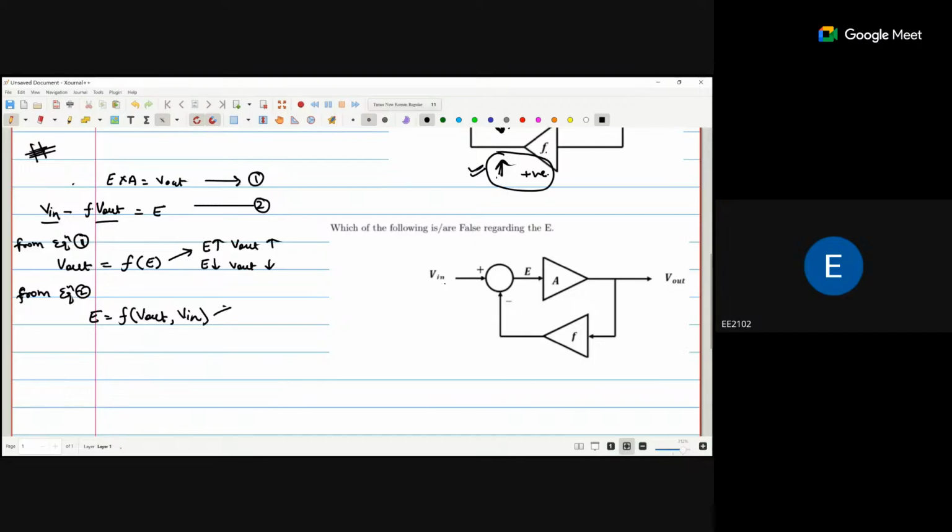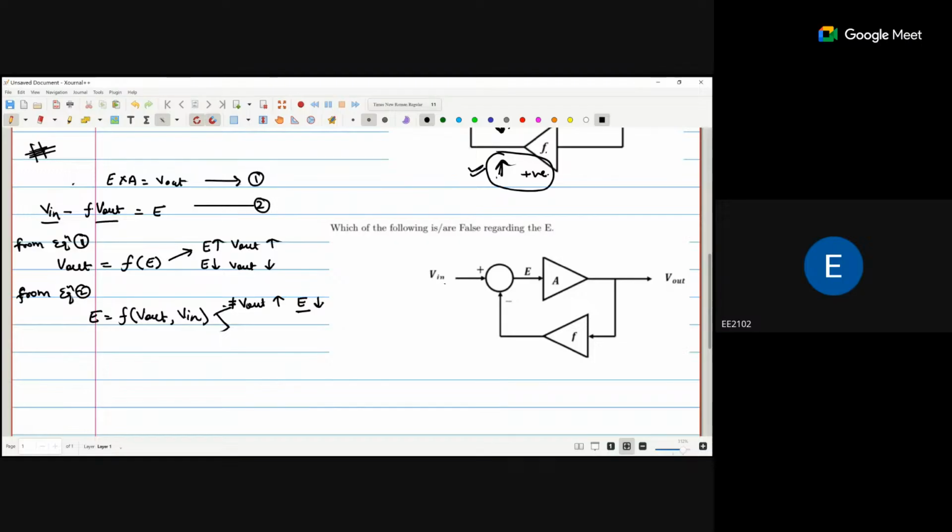But in equation 2 I can't say that if F V out increases, E decreases. Can't say that. Why? Because E is not only dependent on V out, it is also dependent on V in. So without knowing the value of V in, we can't say that if V out increases, E will decrease. Maybe V in is also decreased.